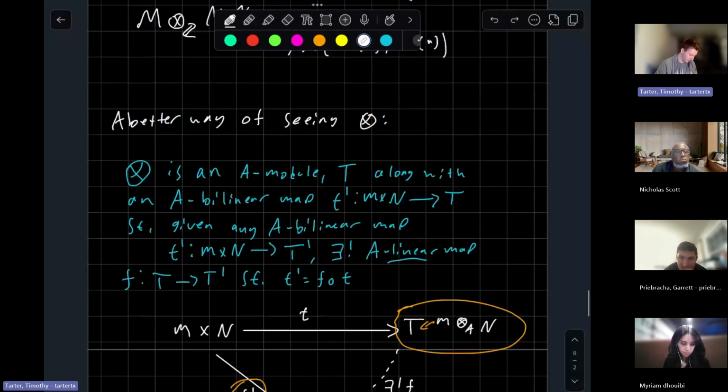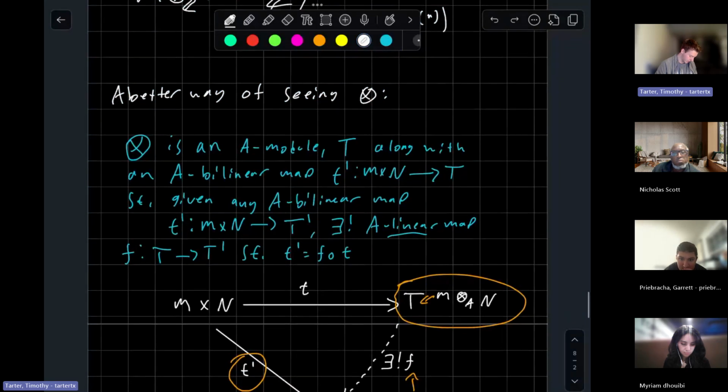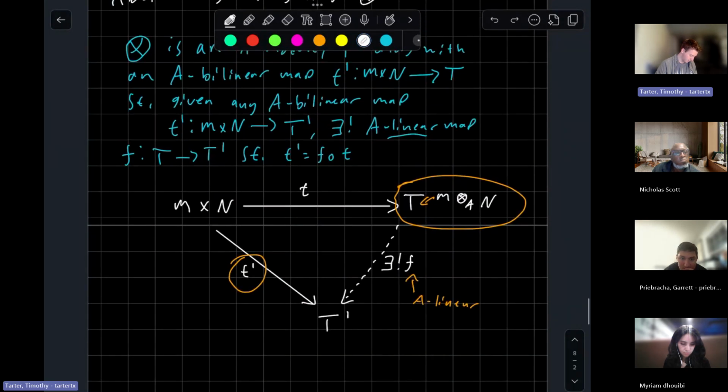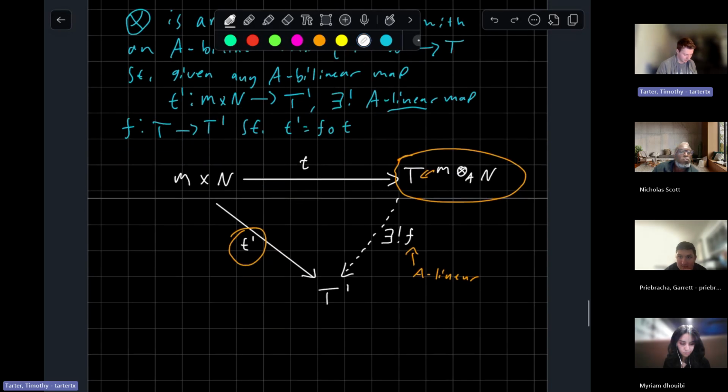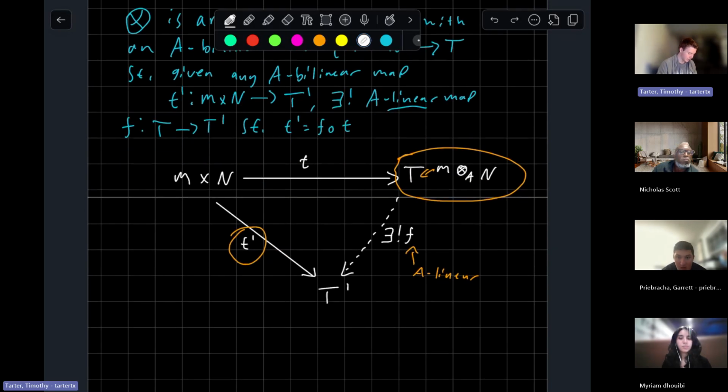And so we want to show that for T prime, where we're sending some bilinear map down to T prime, which is an A module, that this A module, and really the implied thing here is that F is an isomorphism.